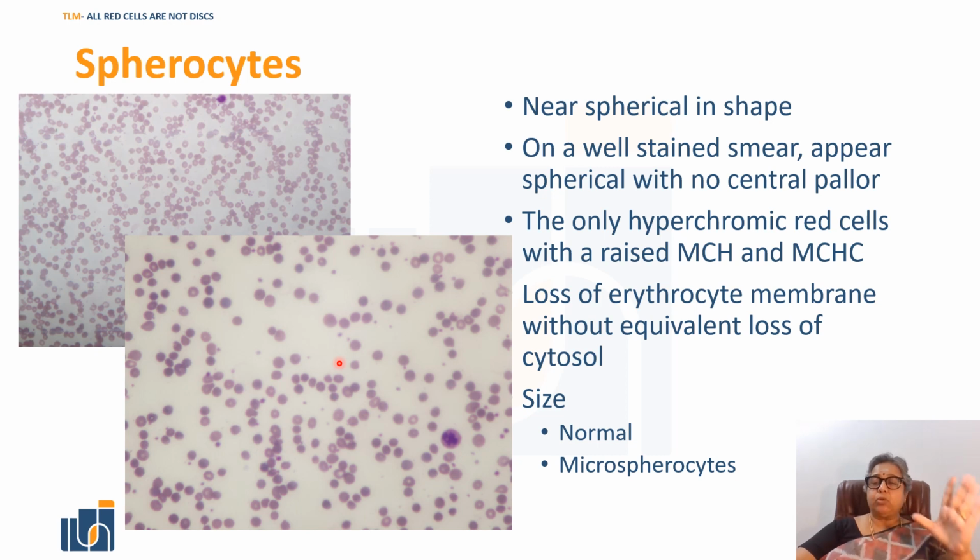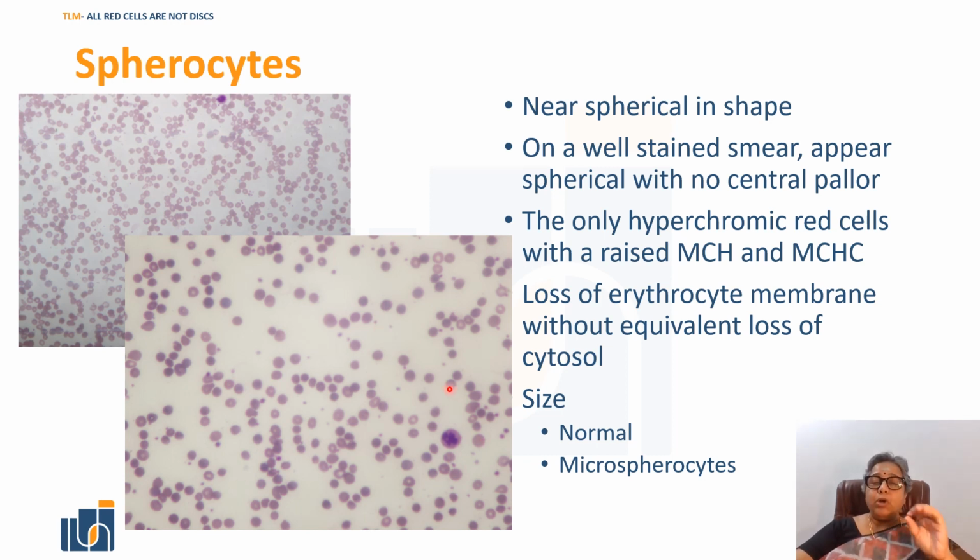Yes, but what is the difference between a normal RBC and a spherocyte? On a well-stained smear, you will see that spherocytes are not only spherical, but they have no central pallor. It's a completely hemoglobinized cell.